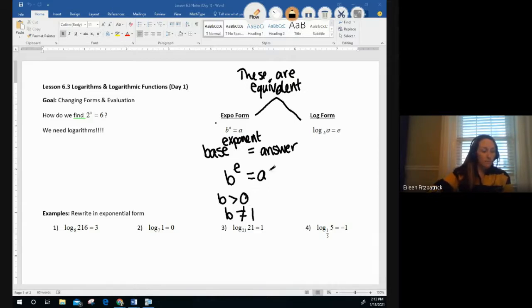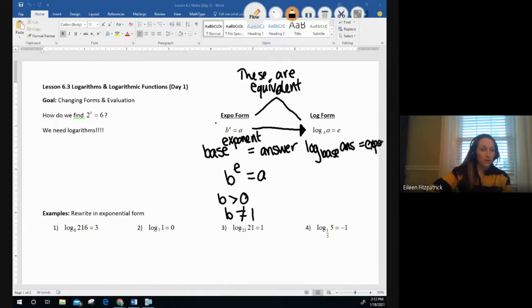Now, in log form, remember, logarithmic form is an equivalent way of writing exponential form. So it's log base b of a equals e. So you can think of that as log base of answer equals exponent.